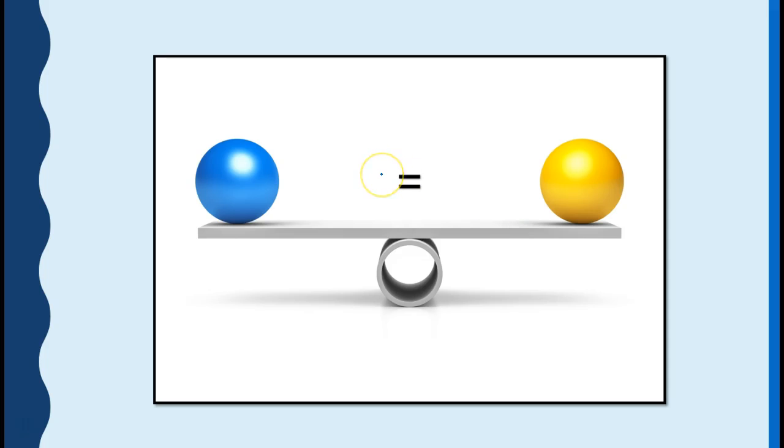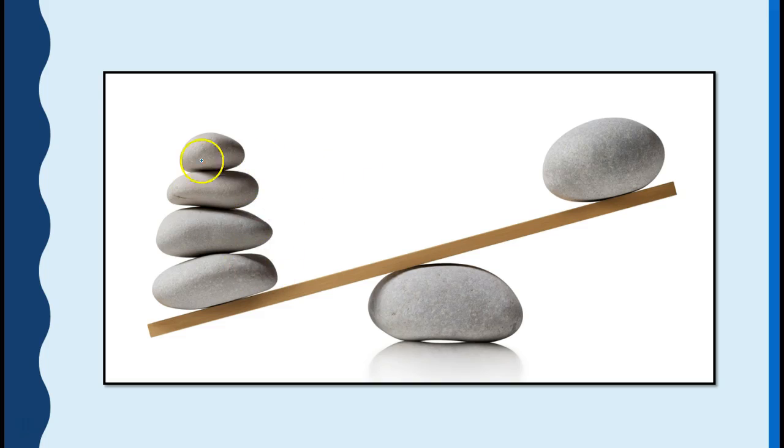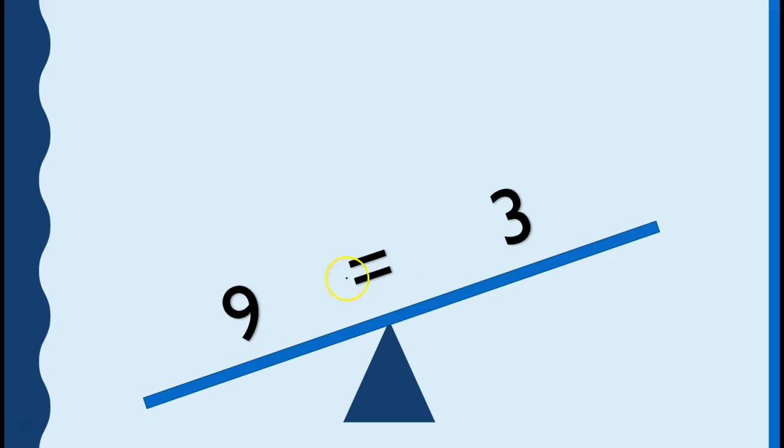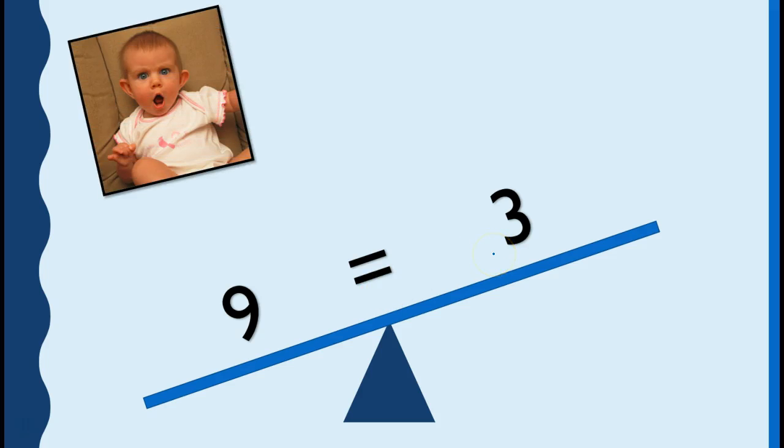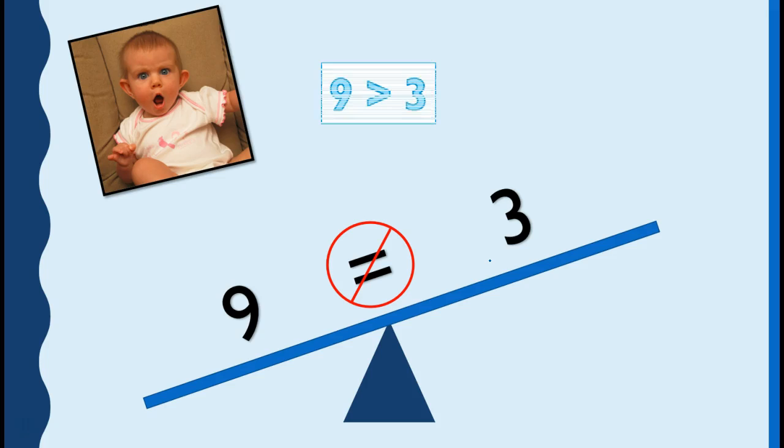Because if one side is a little bit bigger, it's going to be off balance, right? And we call that an inequality. And so for this example, we would use a greater than sign. So if you look at that with numbers, you can see I would never say 9 equals 3. Oh my goodness, no. You don't use that equal sign. You would say 9 is greater than 3, right?